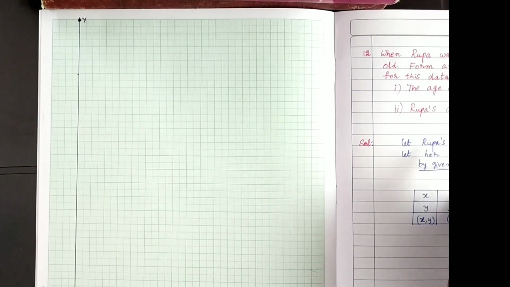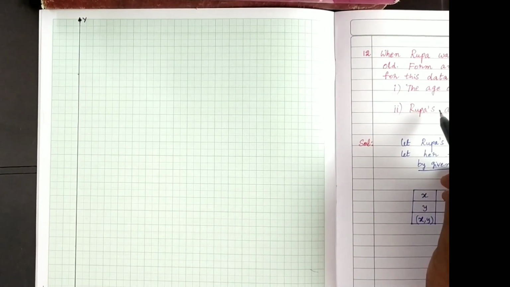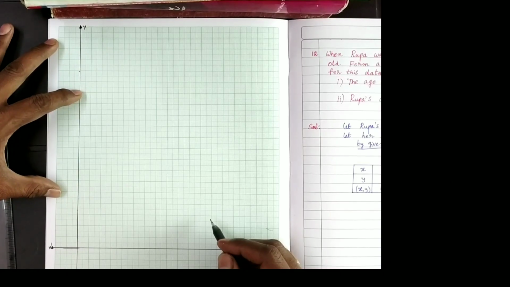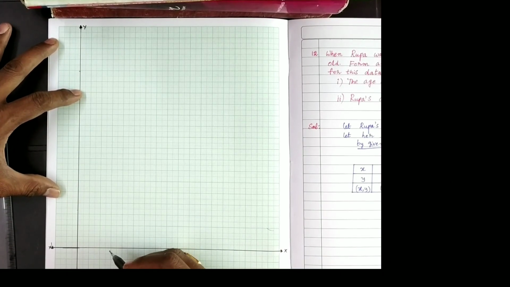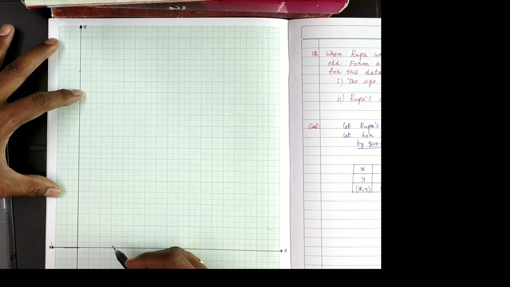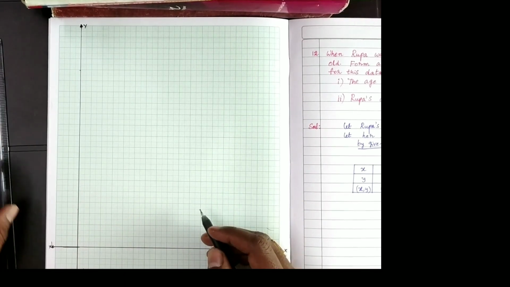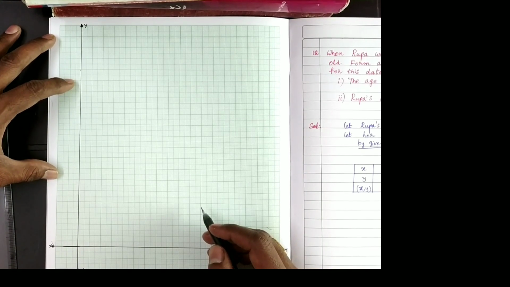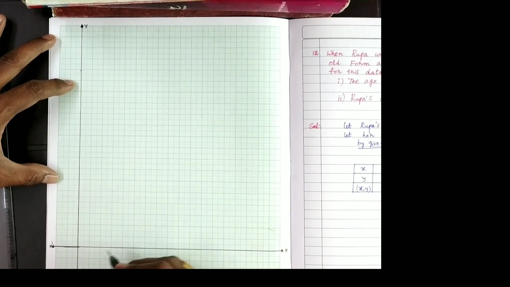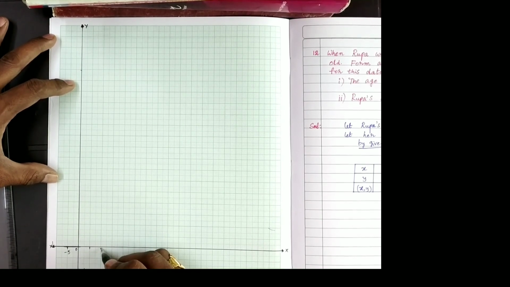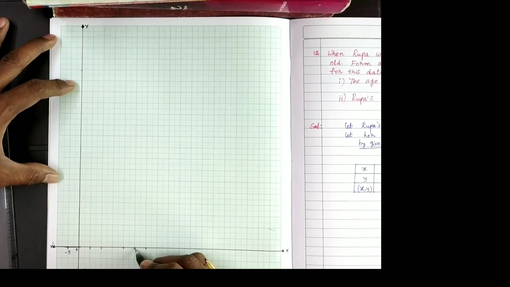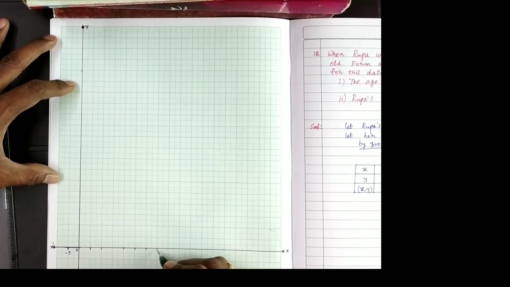In the problem, the difference between Rupa's and her father's age is 25 years. So take the scale as every centimeter as 5 units on the x-axis and the same, every centimeter as 5 units on the y-axis too. Take like this, in equal distance, equal length.